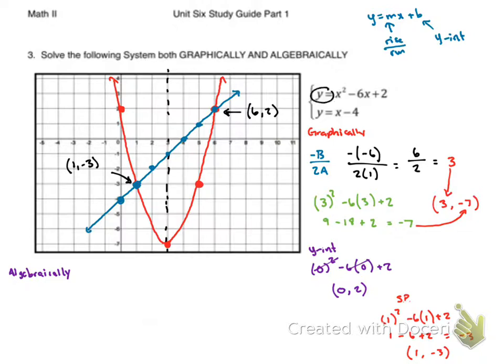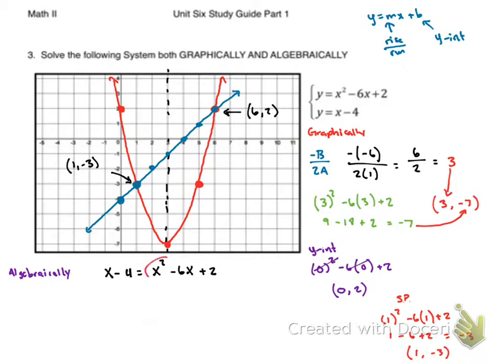Notice that these are both y equals, and since they're both equal to y, we can set these two equations equal to one another. So we'll have x minus 4 is equal to x squared minus 6x plus 2. Now I want to make this equal to 0 so I can use factoring to solve for my solutions.